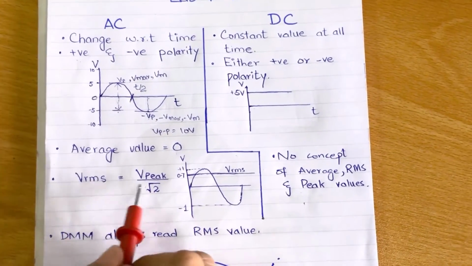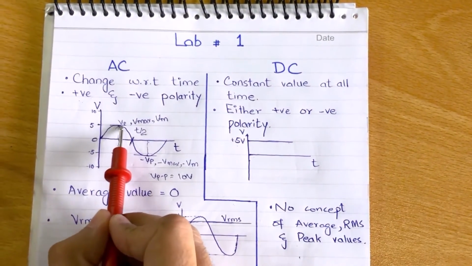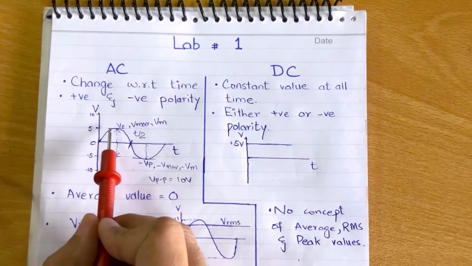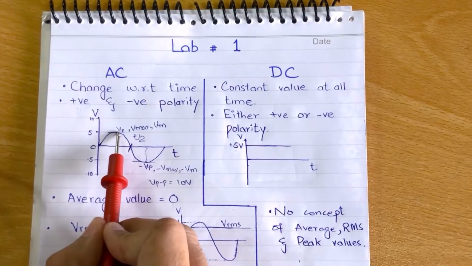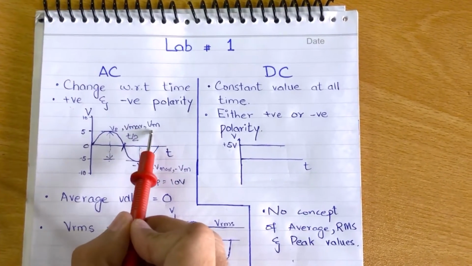So what is the peak value? Peak value is the maximum value that an AC signal has, and it can also be in the negative direction. Here we have the maximum value of 5 volts, and that can be mentioned by Vp or Vmax, and some books also represent it by Vm.